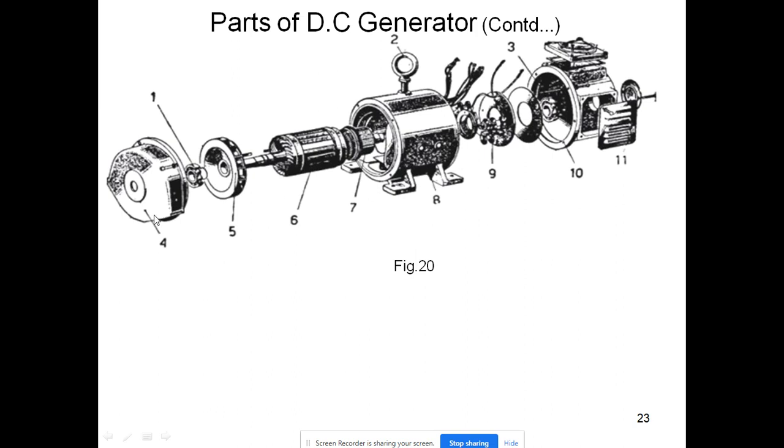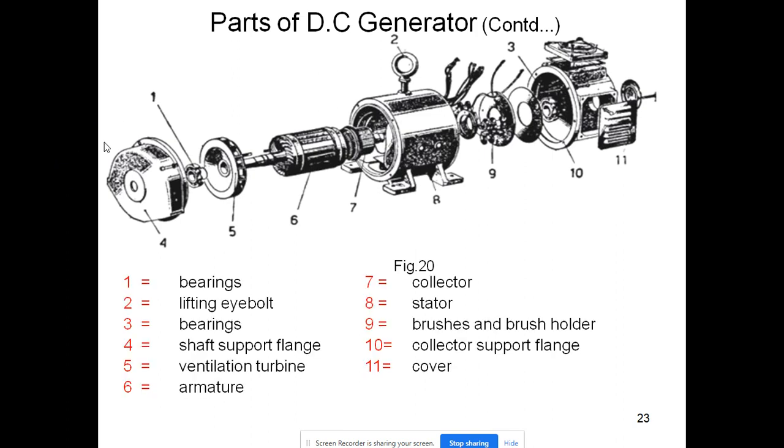And four is the outer flange. The shaft will be sitting on this flange, and this also acts as an outer surface protection. And number five is the ventilation turbine. Mainly it is used for ventilation.